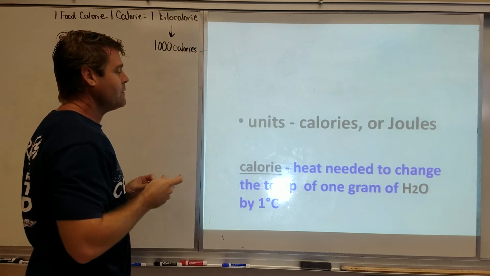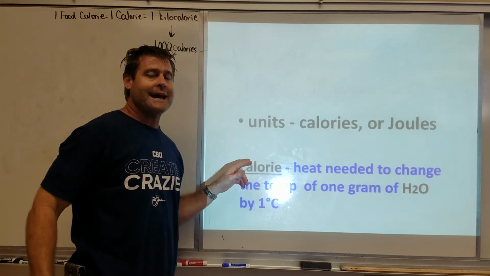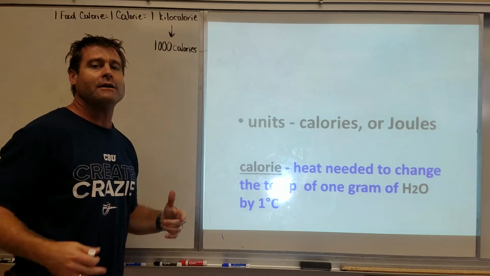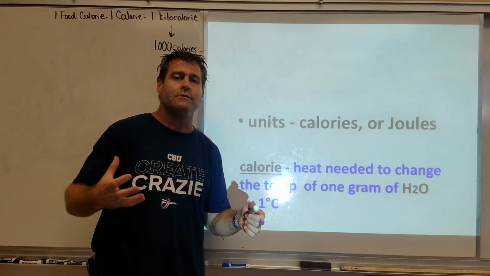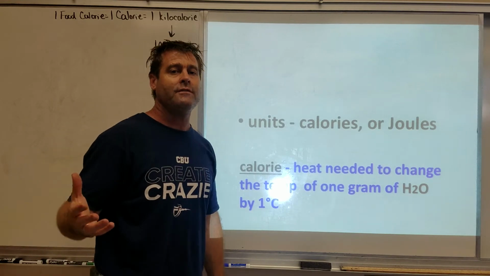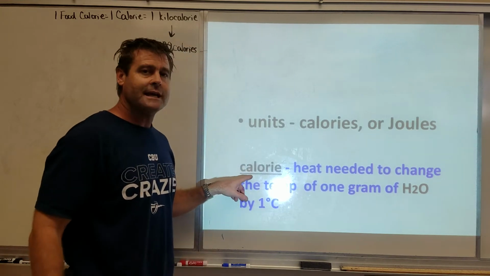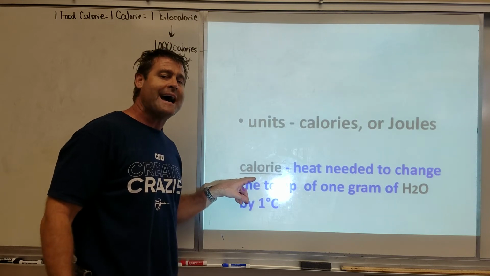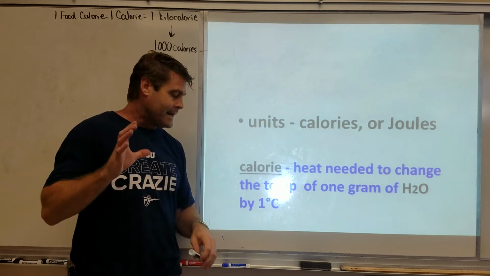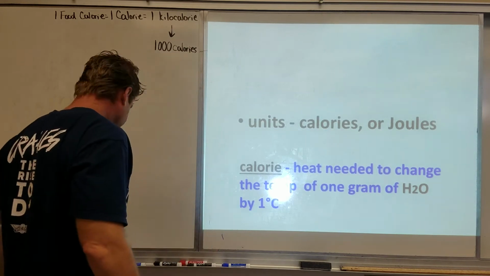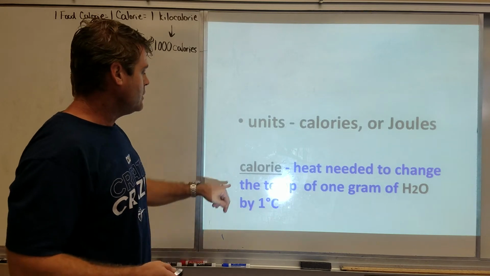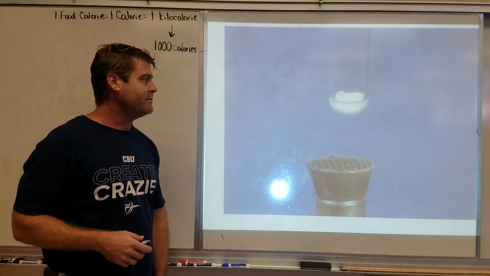So you guys realize that whenever we're talking about small c calories, it actually takes 1,000 of those to make up 1 food calorie. And that's because the amount of energy in food is so much larger, right? You can imagine if we said a soda had 150 calories, if we use small c calories, we'd have to say it had 150,000 calories. So that's why we use a different kind of value when we're talking about food. So just make that note, small c calories, a very small unit of heat energy.